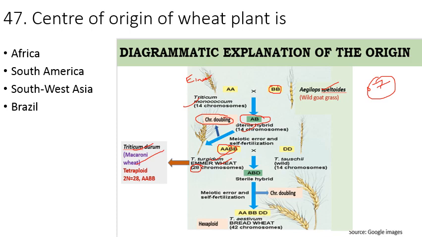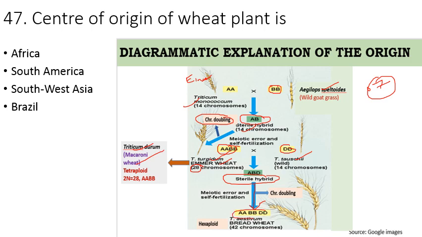Then this tetraploid wheat was crossed with another wild goat grass, named Triticum tauschii, represented by genome D. When they were crossed, they produce a sterile hybrid, and after the production of the sterile hybrid, there was chromosome doubling with the help of certain chemicals like colchicine, which induces meiotic errors.